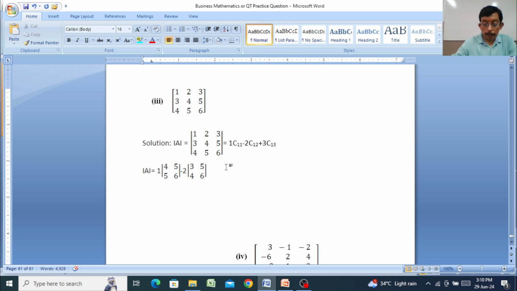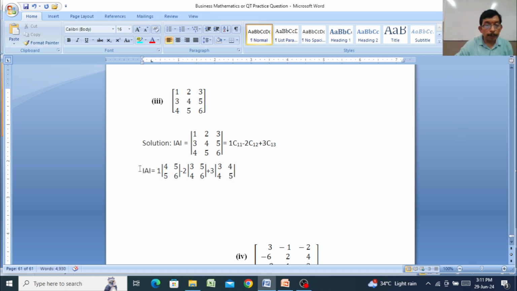The last element is 3 and the cofactor is C13. Obtain the elements by deleting the first row third column element. The remaining elements are 3 4, 4 5.